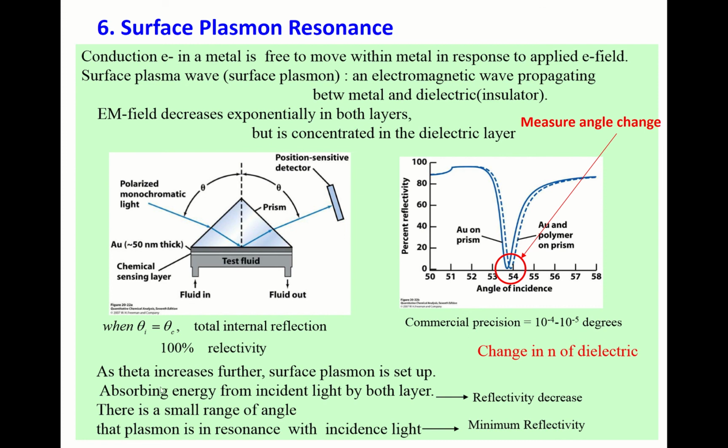The plasmon is in resonance with the incident angle. This surface plasmon, the collective motion of electrons on the surface, is in resonance with the incident angle, at which the reflectivity becomes minimum.